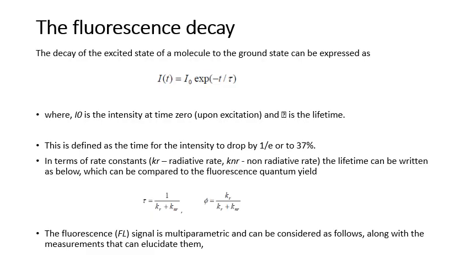We know that the decay of excited state of a molecule to the ground state is given by this expression: I(t) is equal to I0 exponential of minus t over tau. This I0 is the intensity at time 0.